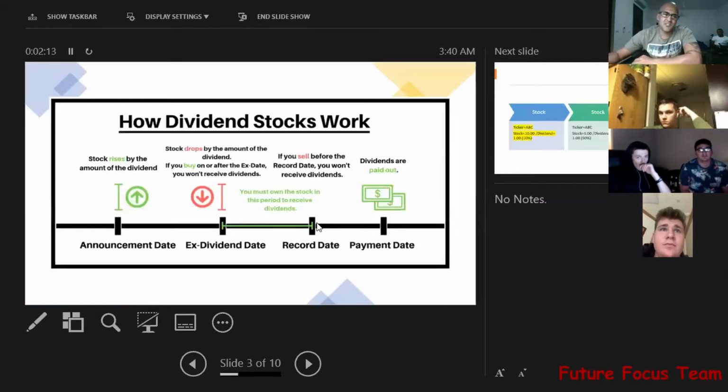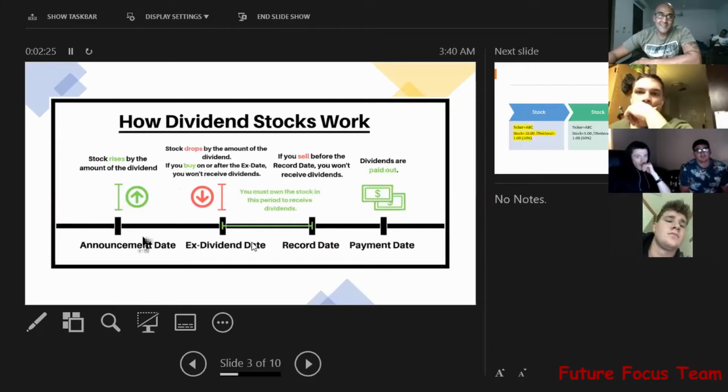All right, so this is just a visualization of how it all works. So I'll just let you take a look at that. But on the announcement date of the dividend, the stock will rise by the amount of the dividend. On the ex-dividend date, the stock drops by the amount of the dividend. The record date is the date right after the ex-dividend date.